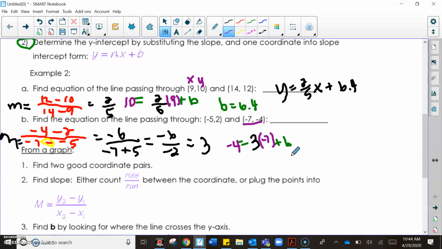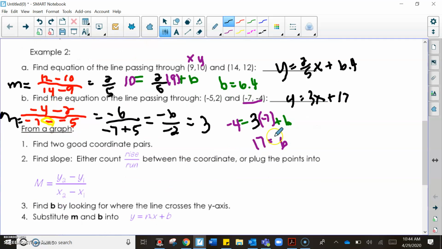Since that's negative, I'm going to add it to the other side. So that's 21 minus 4. So I get b equals 17. So my equation is y equals 3x plus 17.